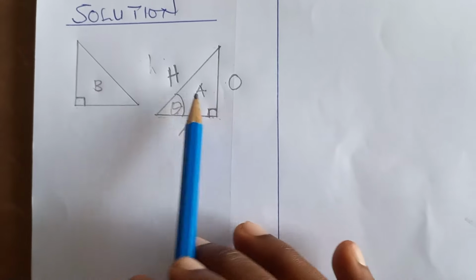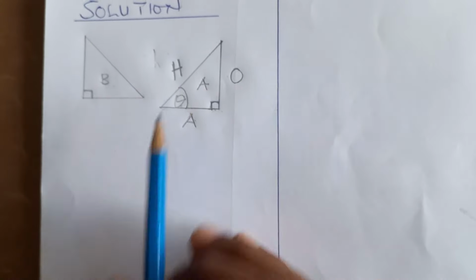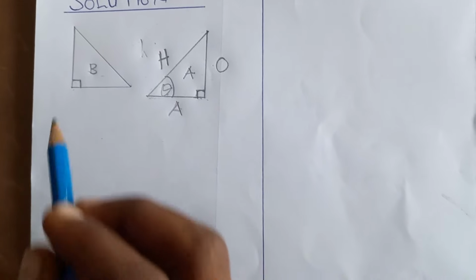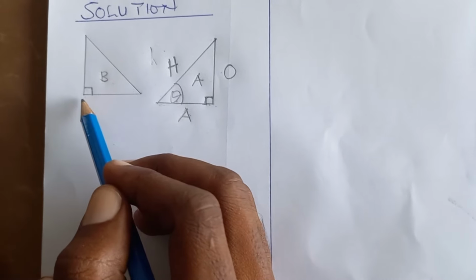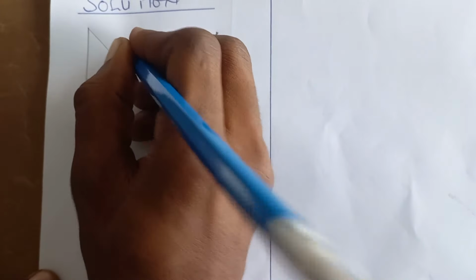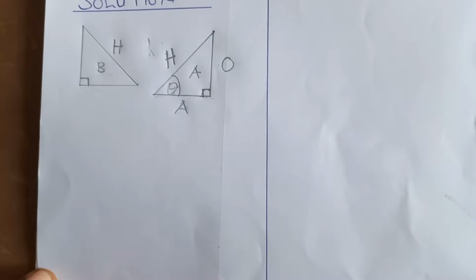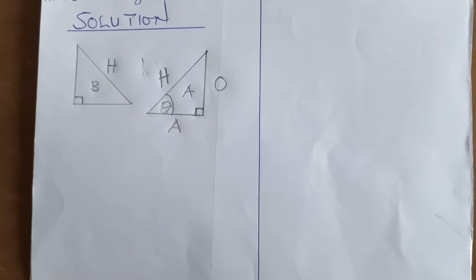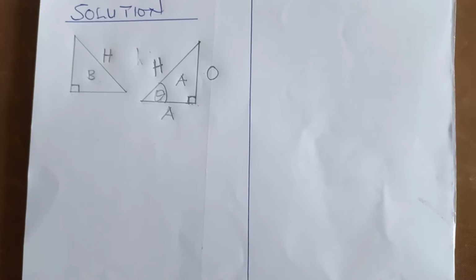So let us now try to name this right angle triangle. Like I said, the length which is directly opposite to the 90 degrees, we call it hypotenuse. And don't forget, we can't name any other side because we haven't indicated any given angle.